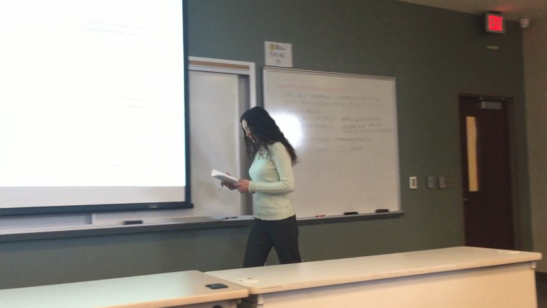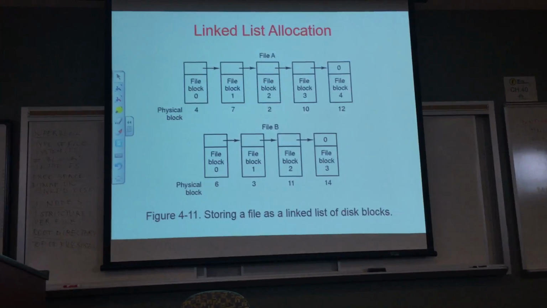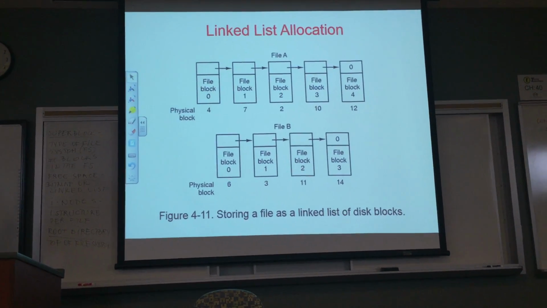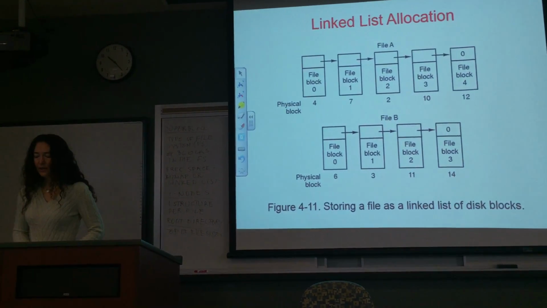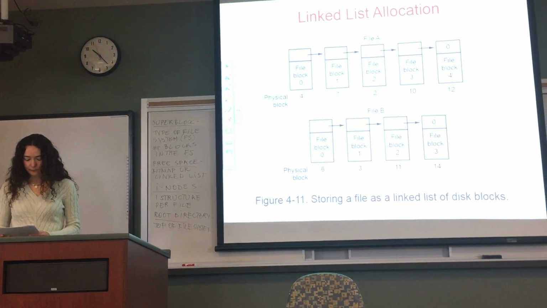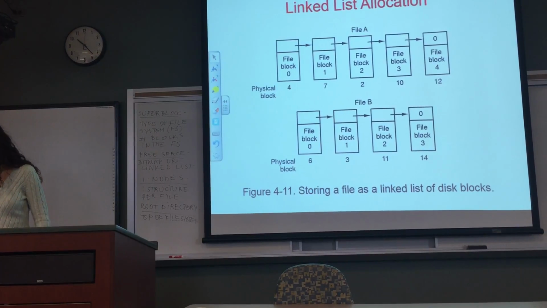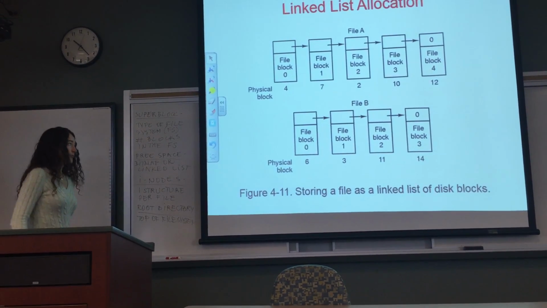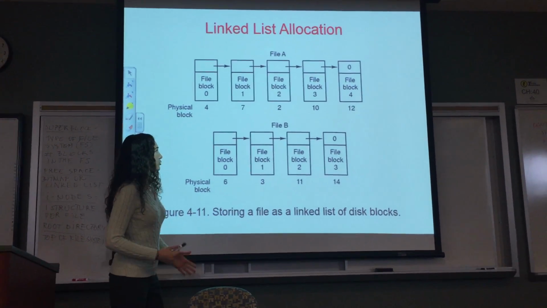However, if we want to be more efficient, we could use a linked list method allocation. And in this method, we are not placing the files into blocks that are right next to each other.